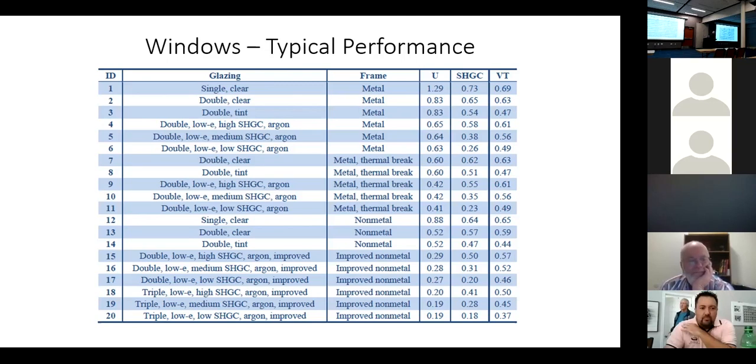And then here we are in vinyl or wood or something clear, not metal, where the number's a little bit better. And then when we get into improved non-metal, these are our composite frames. We get U factors that are getting down pretty good, but to get down much below 0.27, we're going to have to go to triple glazing, where our airspace is giving us the performance.